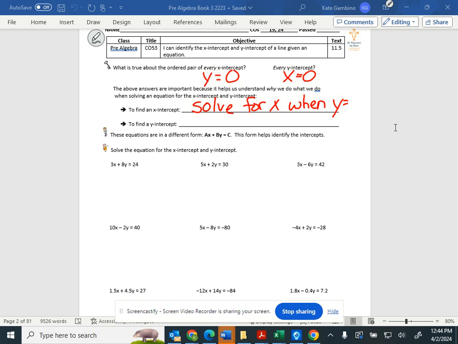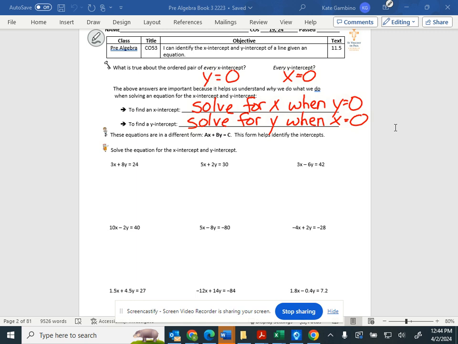A zero. So then to find the Y-intercept, we're going to solve for Y when what are we going to put in for X? Zero. So we're going to have two letters, X and Y, in our equation, but we know the value of one of them. Okay, we have to think, what intercept are we doing? Because I know there's going to be a zero going in. So I need to know where I'm going to put that zero.